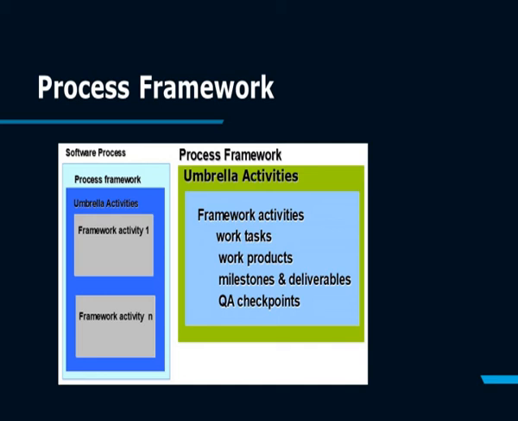Reusability management defines criteria for work product reuse. Work product preparation and production encompasses the activities required to create work products such as models, documents, etc. The following generic process framework is applicable to the vast majority of software projects.